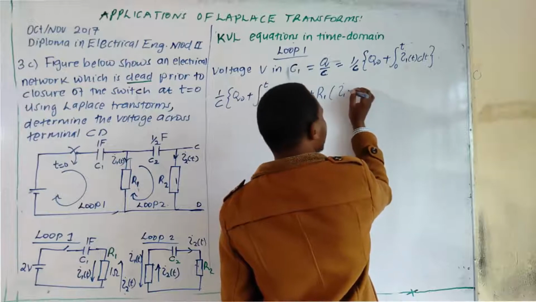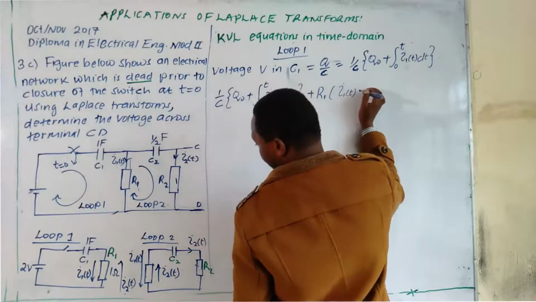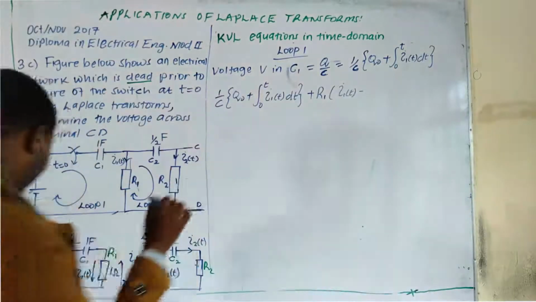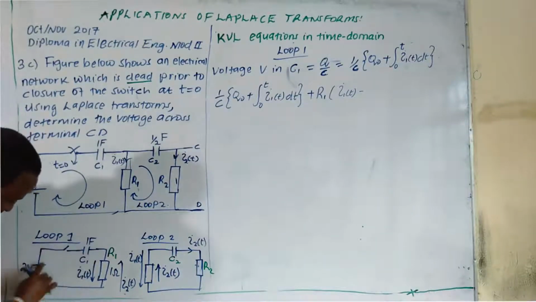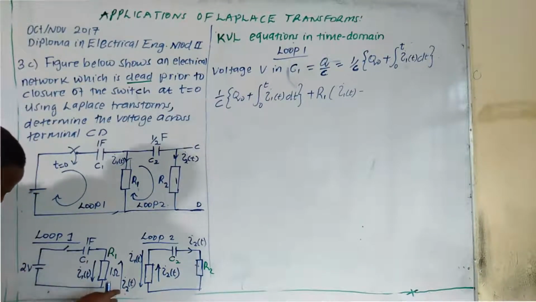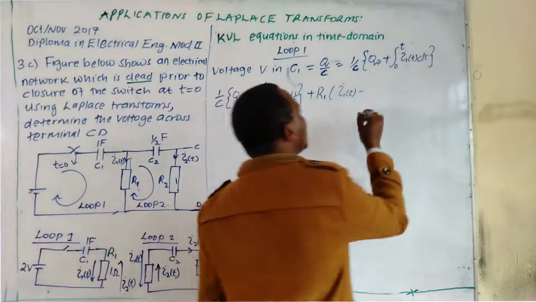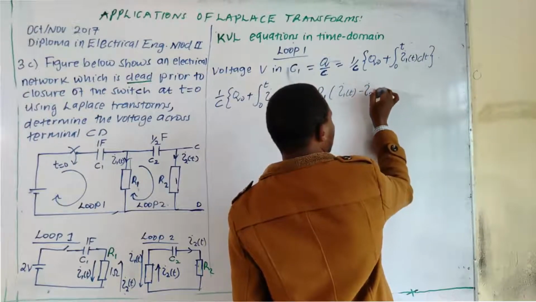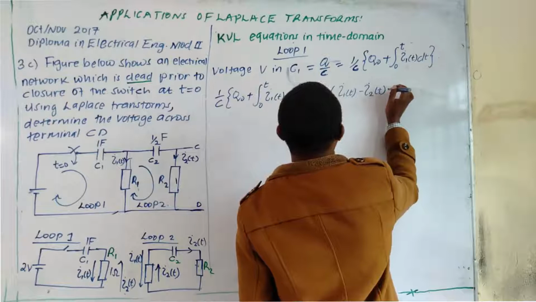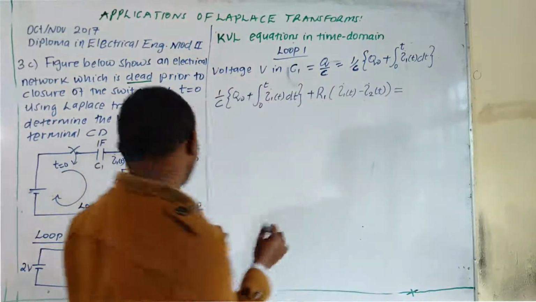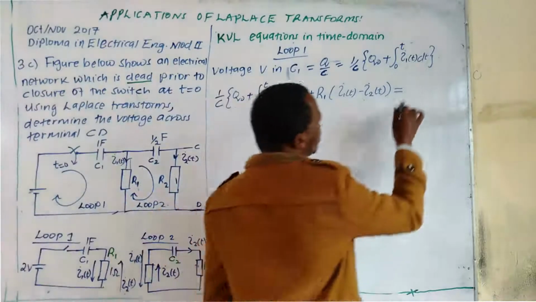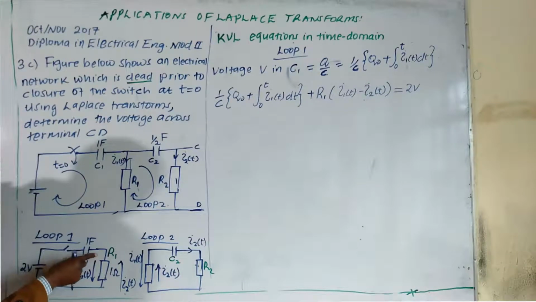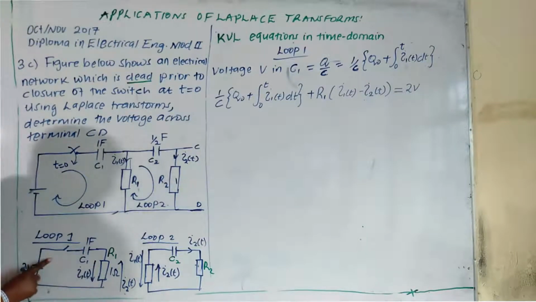I1 is the main current which is going downward, minus I2 which is going upward. Minus I2 of t. All that is equal to 2 volts. See, voltage across the capacitor plus voltage across the resistor is equal to the source of EMF. Kirchhoff voltage law.